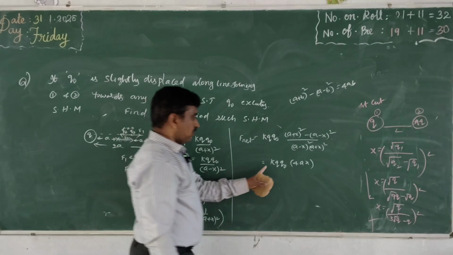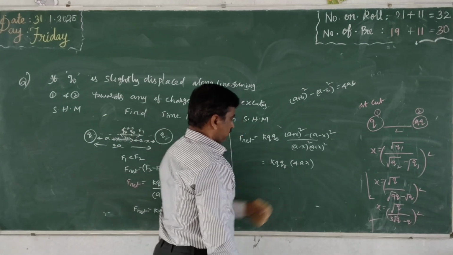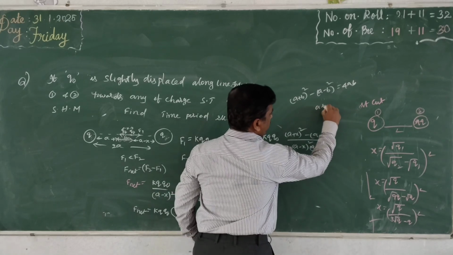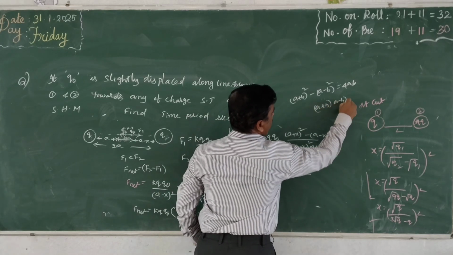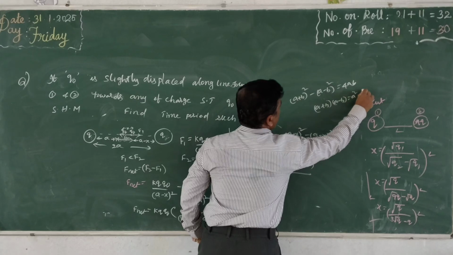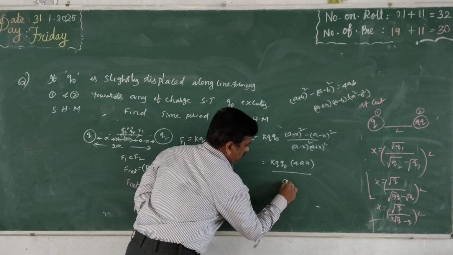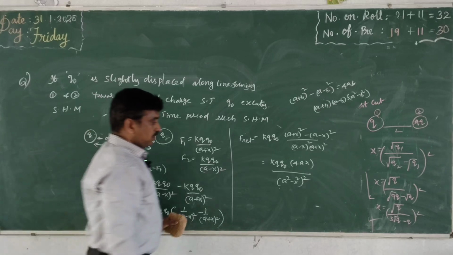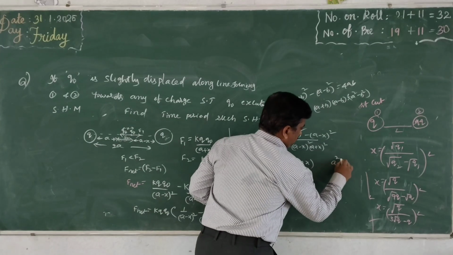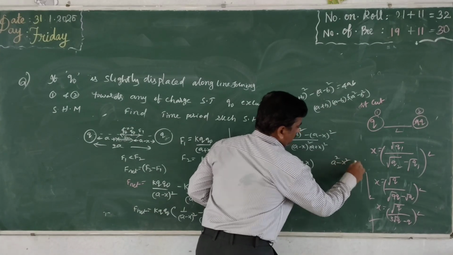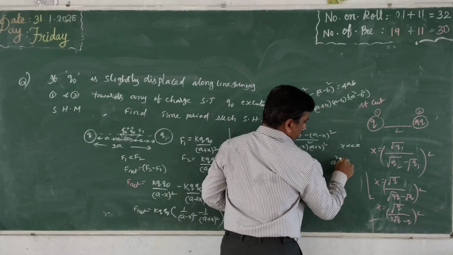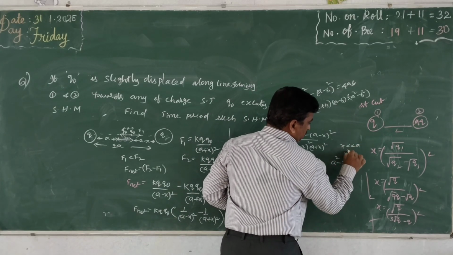We can use here k q naught 4ax by the denominator. Here (a minus x) into (a plus x), meaning (a plus b) into (a minus b), is a square minus b square. So we can write (a square minus x square) whole power 2. See, before that, x is very small compared to a, so x square tends to 0.